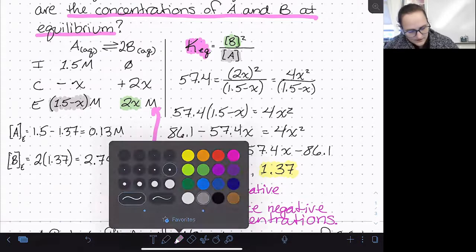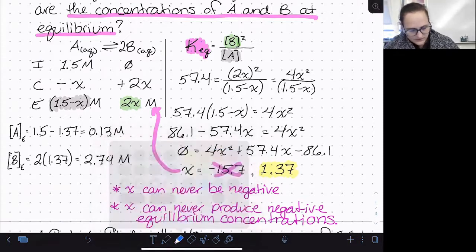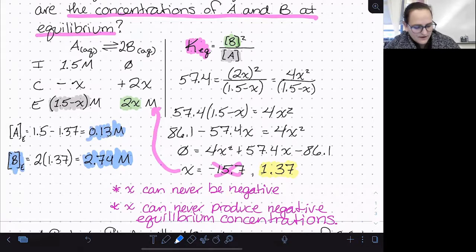So these are, choose a color we haven't used yet, these are our final answers. Our concentration of B and our concentration of A is what we were actually asked to solve for here.